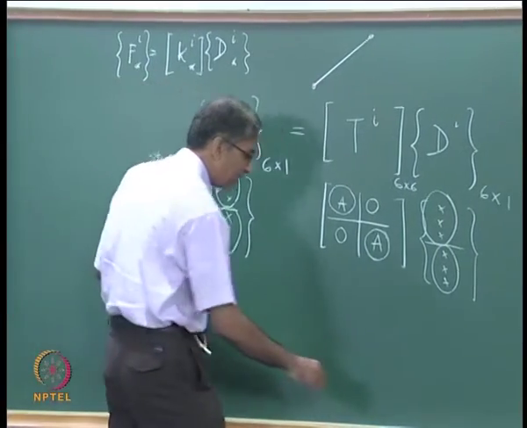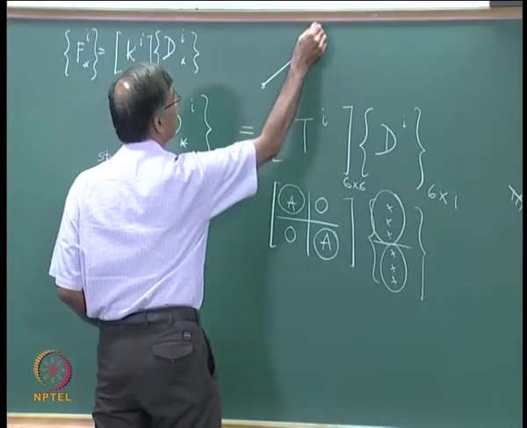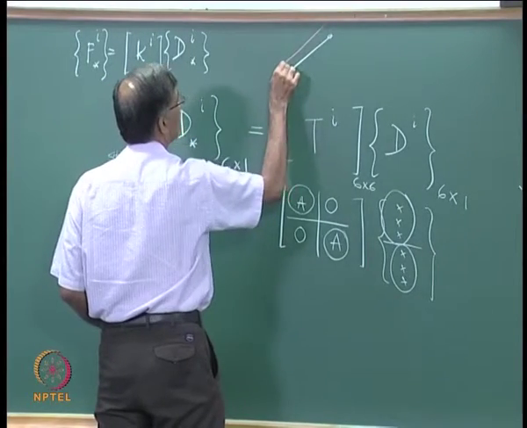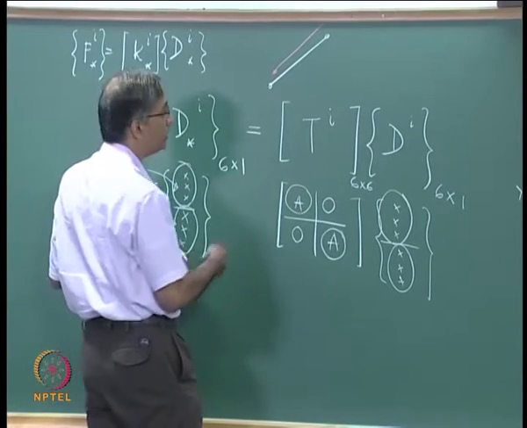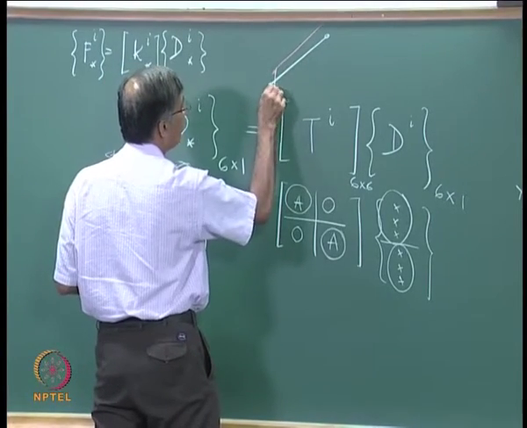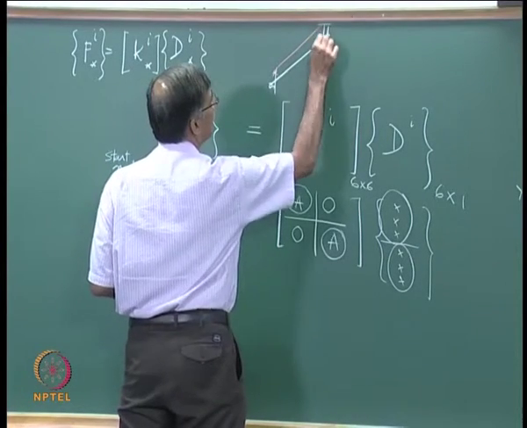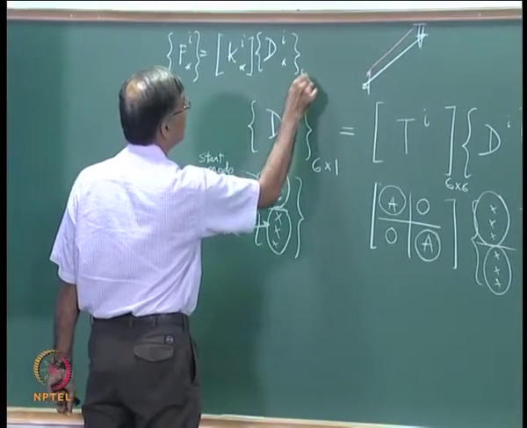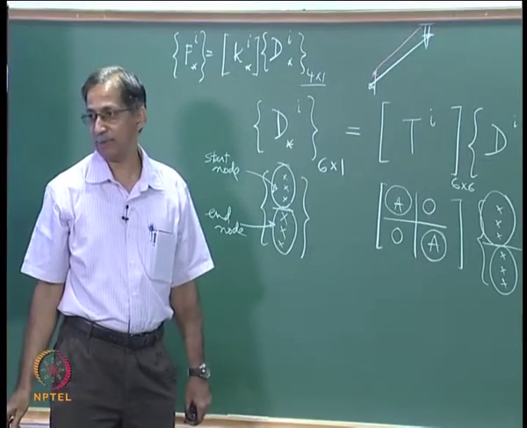I can have an element in a truss like that, which takes a shape like that, right? So certainly I have 4 values for these displacements, right? So the components of this 4 by 1 can be independent, no question about it.